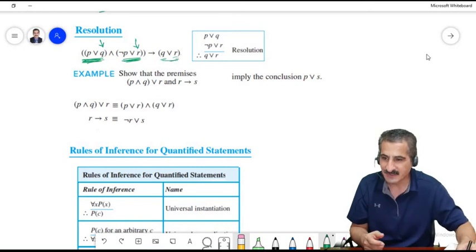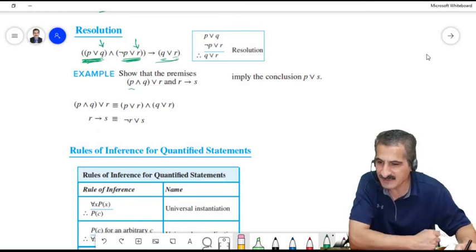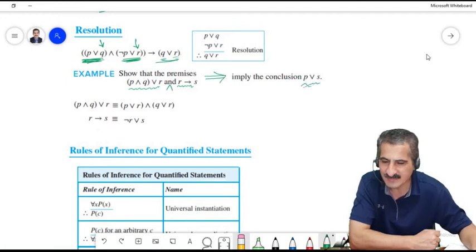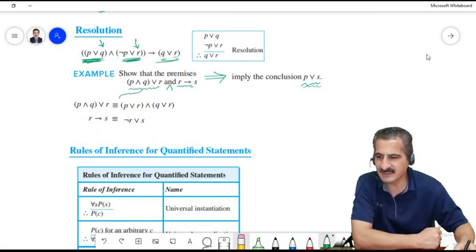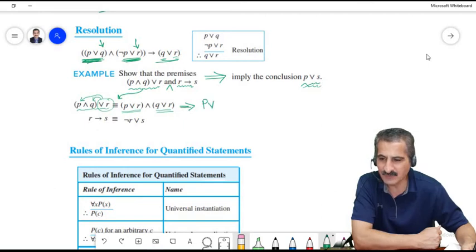Okay? Now, show that the premises, all these together, this and that, will make us conclude P or S. P or S. Let us see. Let's replace this in here by using that distribution. So we are distributing this in here and in here. So we got P or R and Q or R. This will make us conclude that we have P or R is happening in hand.